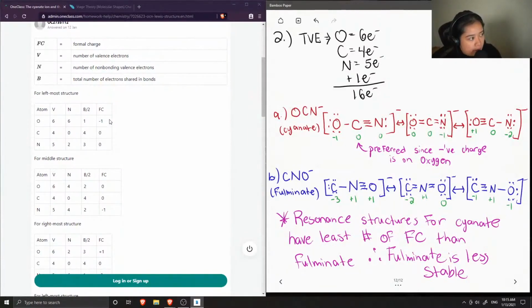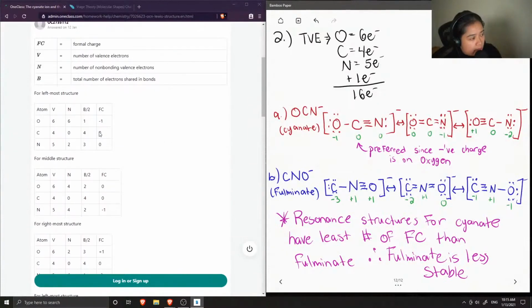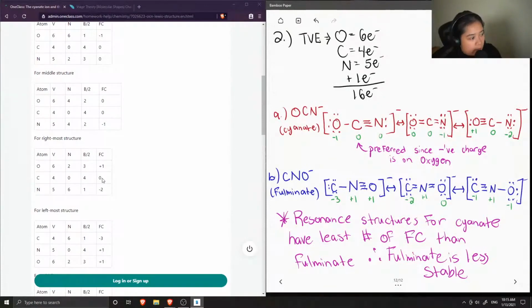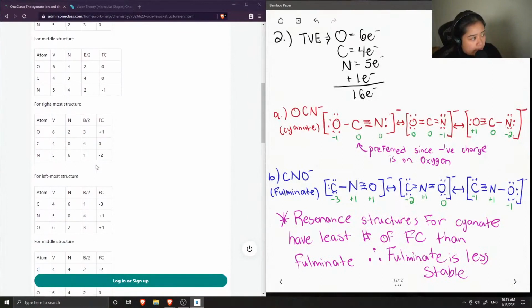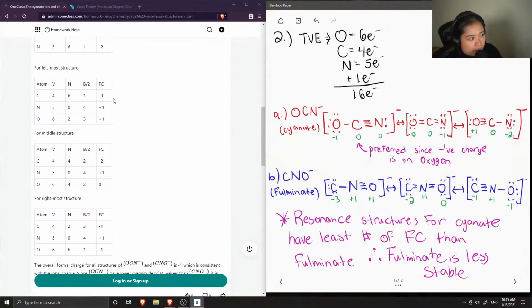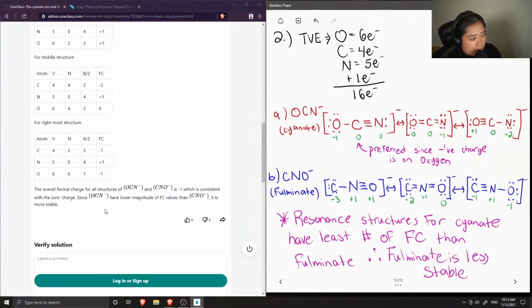They have -1, 0, and 0 for what I'm assuming is cyanate. And then 0, 0, -1. And then +1, 0, and -2. And then I'm assuming this is for the fulminate now. -3, +1, +1, -2, +1, 0, and then -1, +1, and -1.